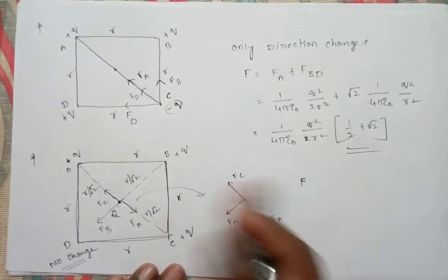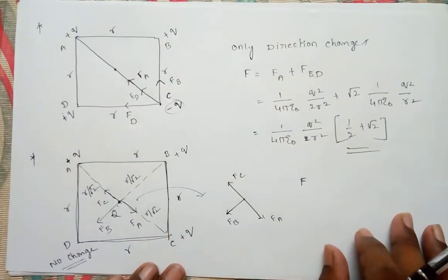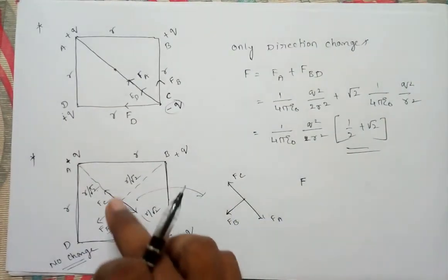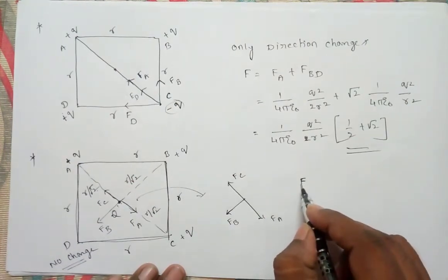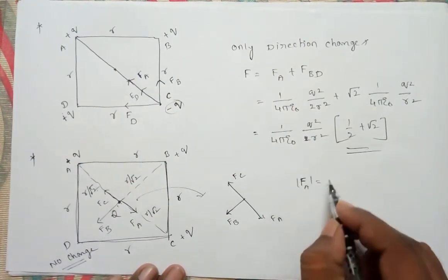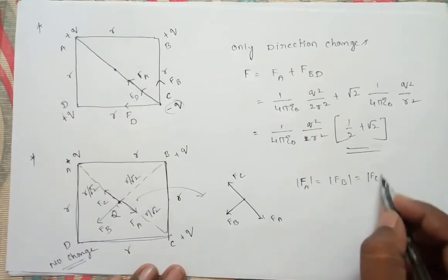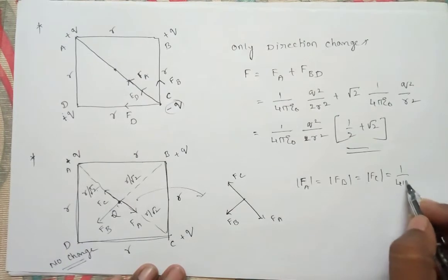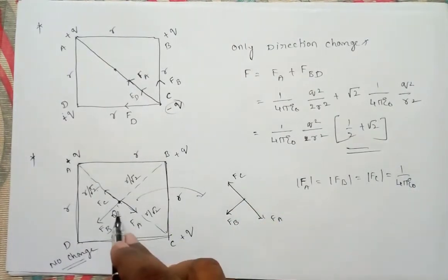So they are kept in the same medium, that is, we are discussing, not changing them; all are present in the vacuum itself. Now you observe the product is the same, the distance is the same, meaning the magnitudes of the forces are the same. Then FA, FB, FC is 1 upon 4 pi epsilon naught into the central charge.